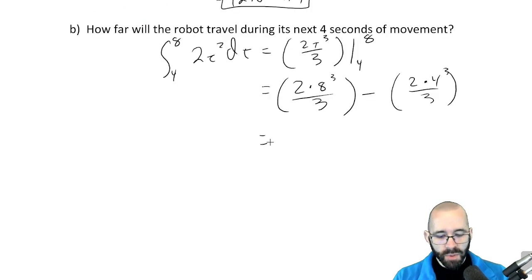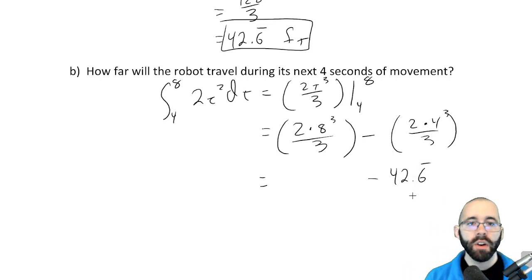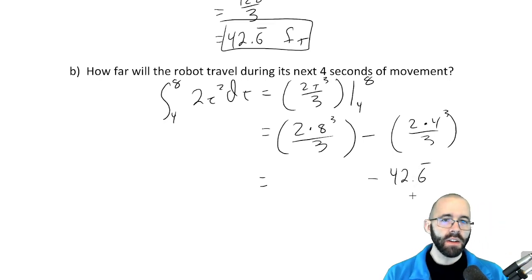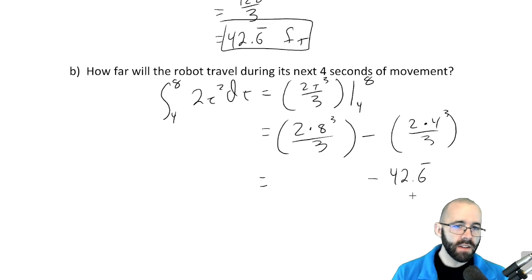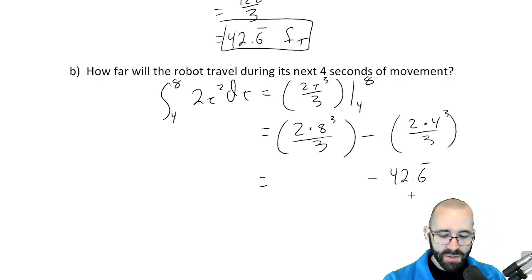And it's our lucky day because we already know that the second thing is 42.6 repeating. We already calculated that. The first one, I don't want to do this in my head. 2 times 8 cubed over 3.